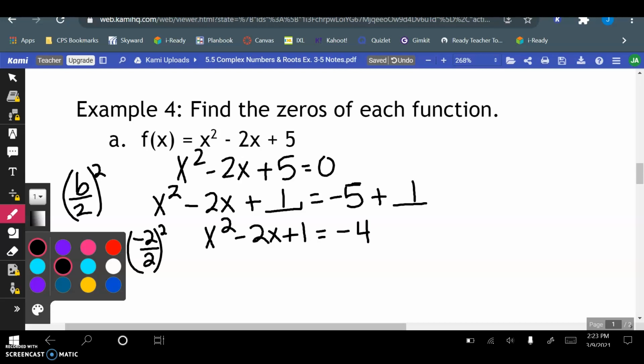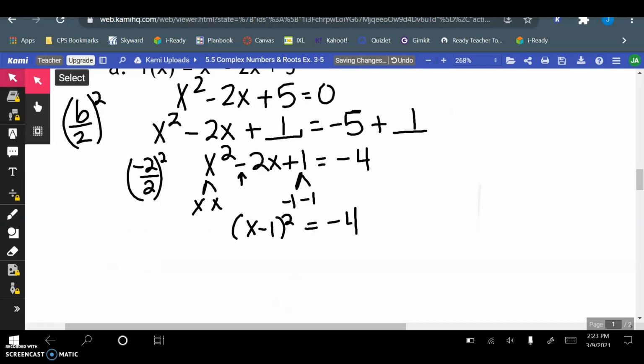Now we have to factor. The x squared is x times x, and the 1 is 1 times 1. But since this is a negative 2 here, our 1's have to be negative. So it's x minus 1 squared equals negative 4.